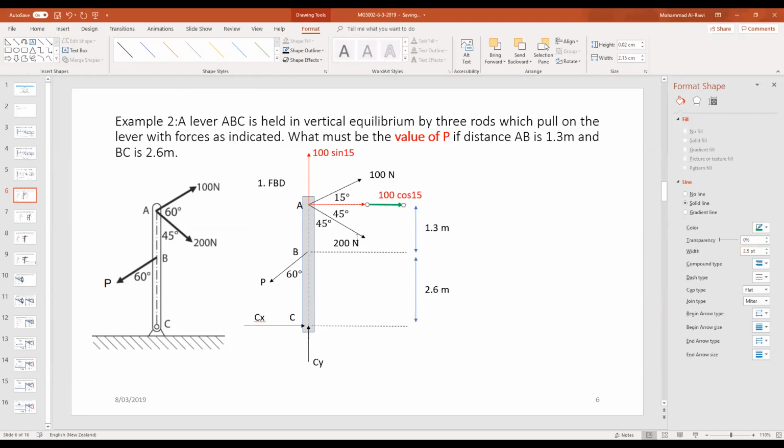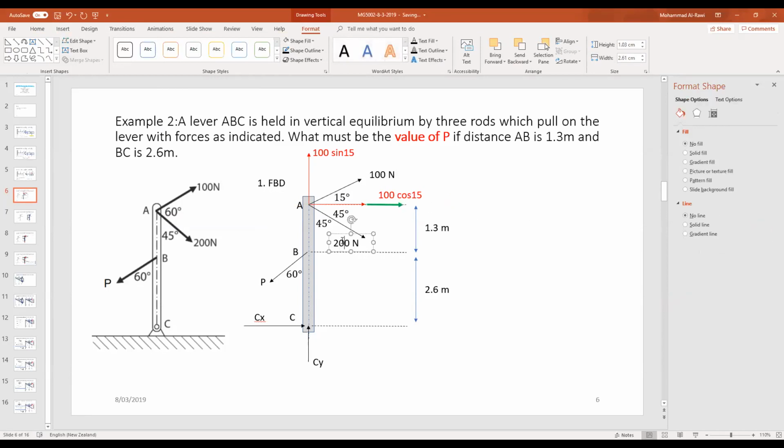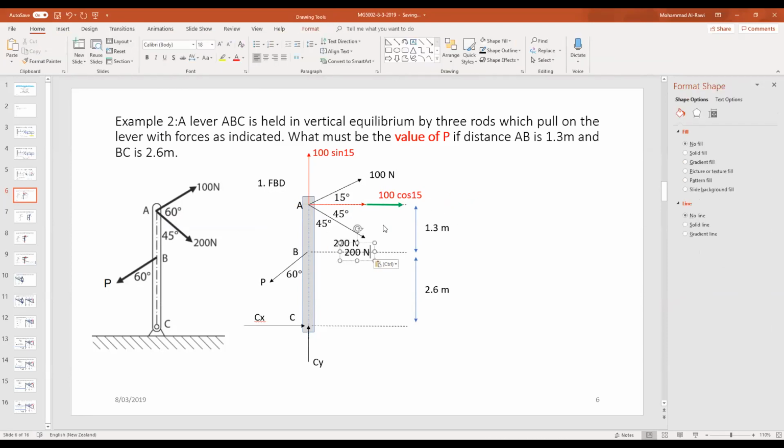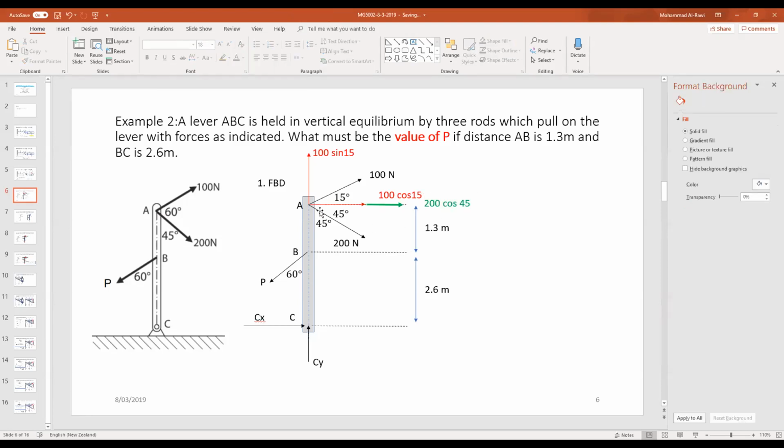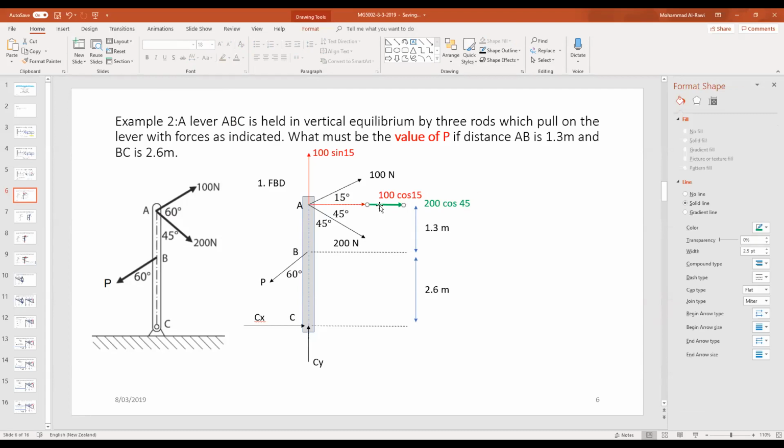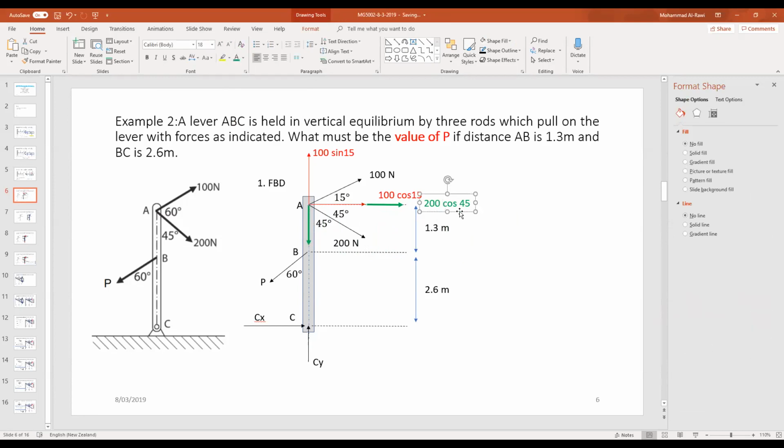That force is 200 cosine 45 degrees. I'll highlight it in green so we understand what we're doing here. And there is another component for that force. It's going downwards. I need to make sure my arrows are in the right direction. Coming here, and that one will be sine.